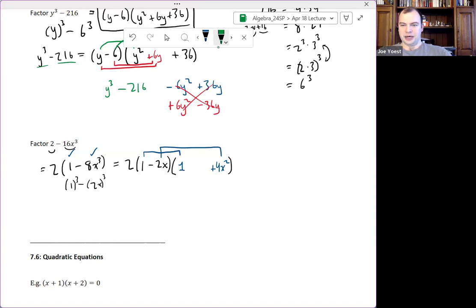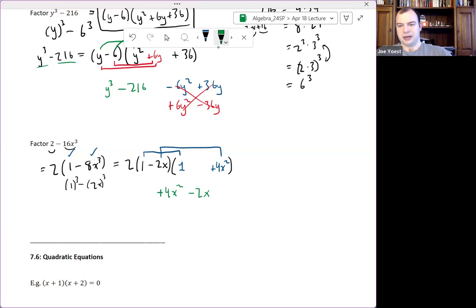But my outside gives me plus 4x squared, and my inside gives me minus 2x, and I need to get rid of those pieces. Those are bits that if I just left it as is and didn't put anything else in the second parentheses, I would have an extra plus 4x squared minus 2x on the right-hand side that doesn't appear on the left.